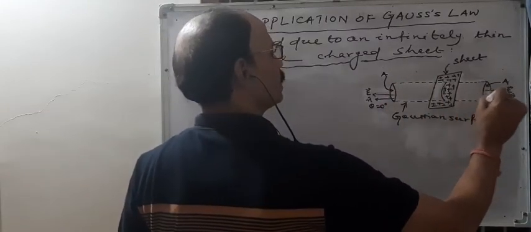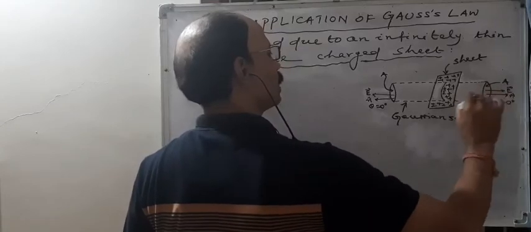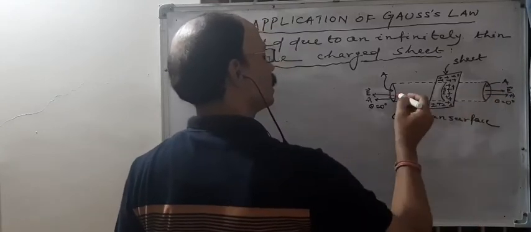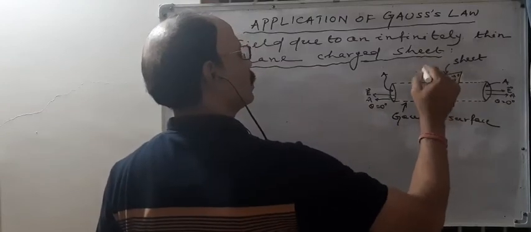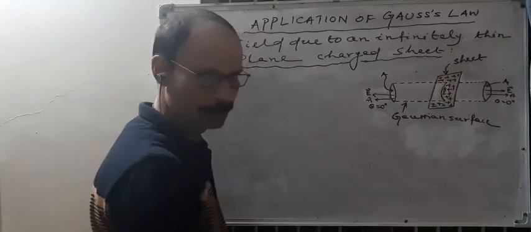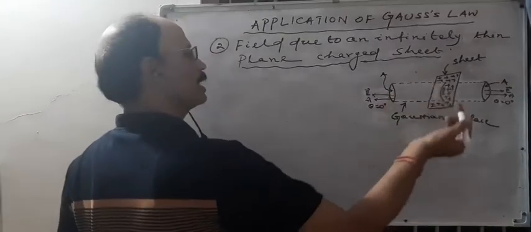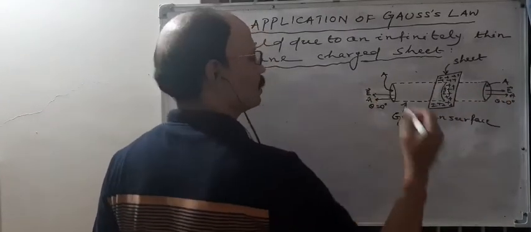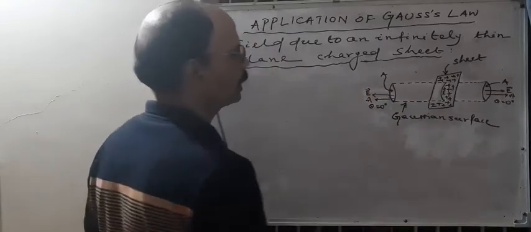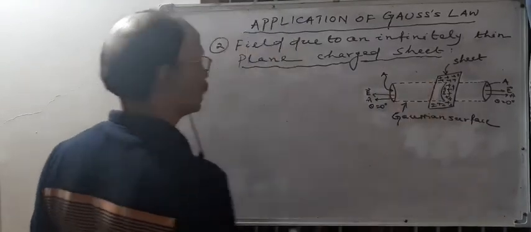The electric flux comes out from this surface area and this surface area; there is no discussion about the top and bottom surface area. So for cuboidal also it will be the same. Only this surface area and this surface area will be discussed. Okay, so let's start.